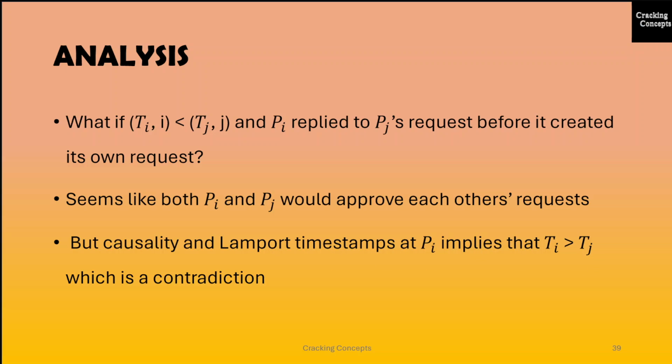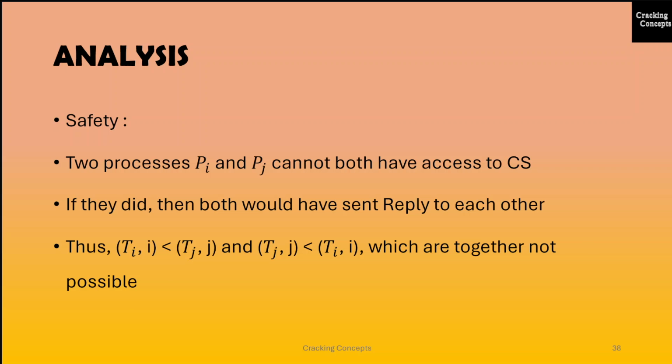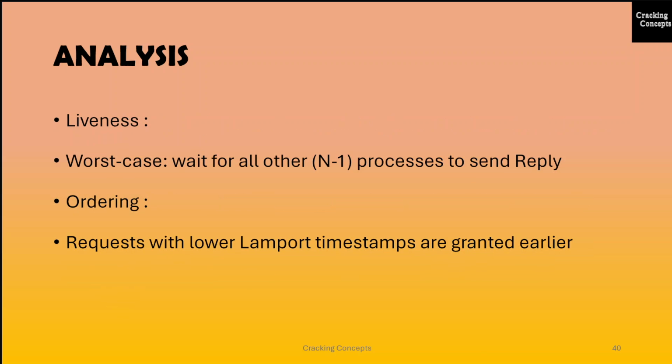But we already saw Ti is less than Tj. So that is again a contradiction, due to which the liveness property is ensured here. In the liveness property, we can have a worst case scenario where the process will have to wait for all the other n-1 processes to send a reply to itself.